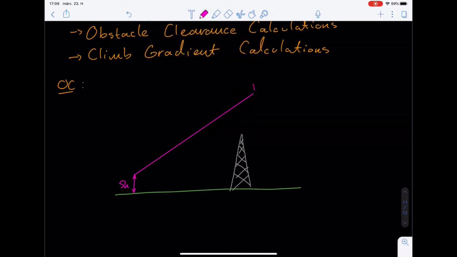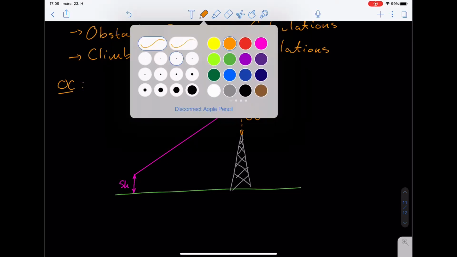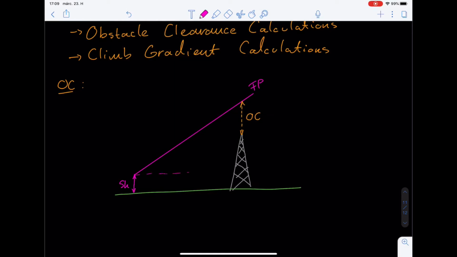And of course this is the flight path along which the center of gravity of the aircraft travels, as we have concluded several times. And we have also stated that the obstacle clearance is the vertical distance between the highest point of the obstacle and the flight path. So this distance is the obstacle clearance. And we can define the flight path, calculate it or plot it, with the help of the flight path angle.